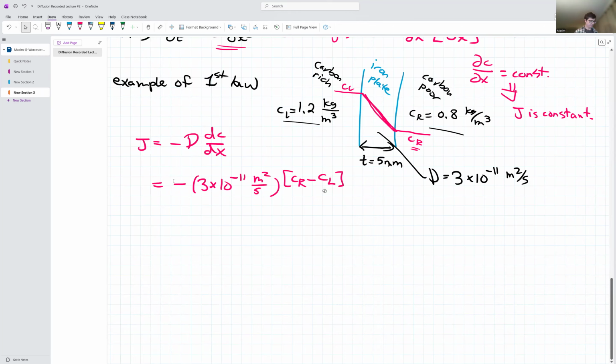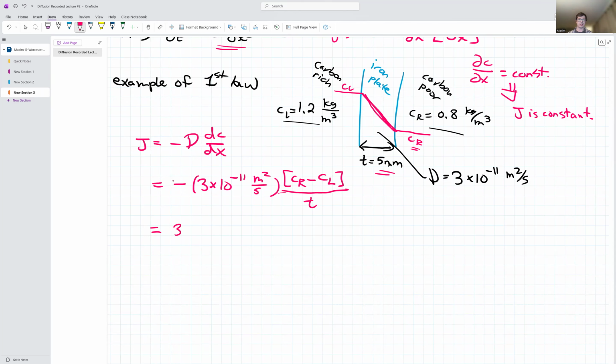And then, of course, that's the change in concentration over the distance, which is just the thickness of the material. This is 5 millimeters. So, okay, let's plug in numbers.